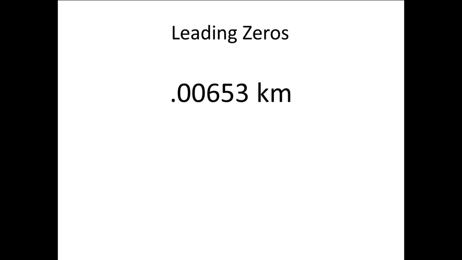The leading zeros give us important information about the size of the number. It turns out, however, that leading zeros do not influence the precision of the number.